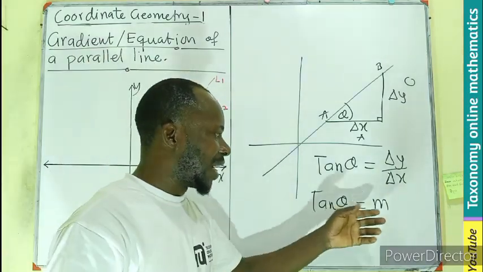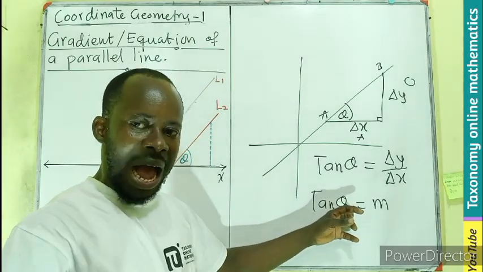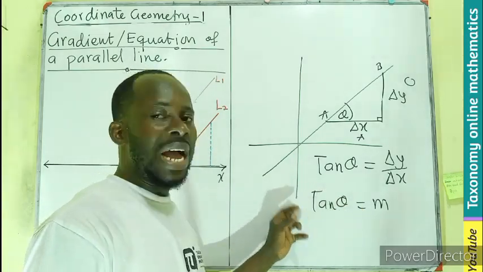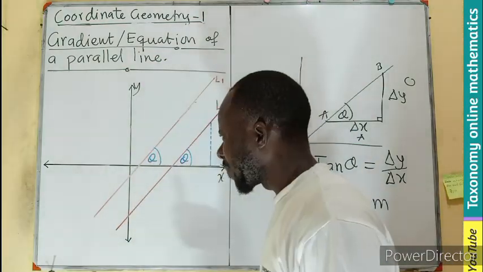So we say that the tan of the angle is nothing but the gradient, right? Good. So if that is the case, then if I want to find the angle itself, the angle itself is going to be the tan inverse of the gradient. Okay, let's hold on to that.